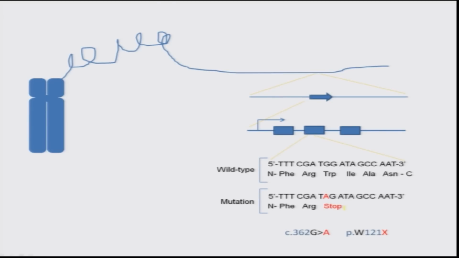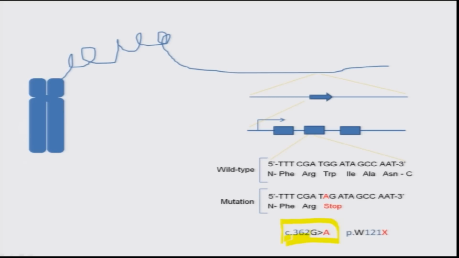But before we get into that, let us see some of the nomenclature, or how we name the mutations. This is one of the standard nomenclatures. For example, if you are talking about the DNA sequence, a particular mutant allele is designated with this nomenclature. It is hypothetical. The c stands for coding sequence, because it is present in a coding sequence that codes for a protein, and 362 is the number from the first nucleotide of the start codon, methionine, coded by ATG.